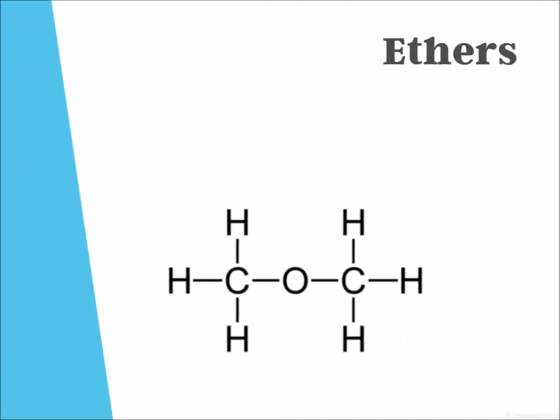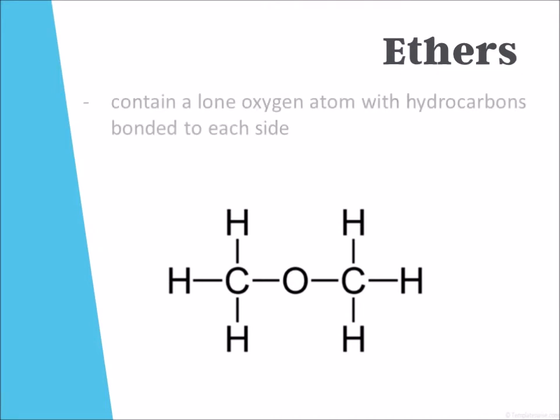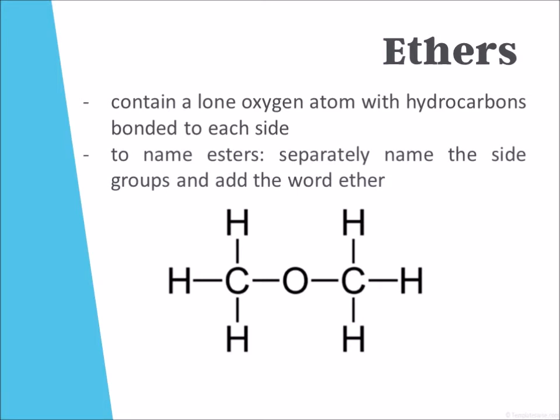Lastly, we have ethers. These molecules contain a lone oxygen with hydrocarbon chains bonded to each side. When you name ethers, you are just going to take what alkyl group is attached as a side group and add the word ether. Now, let's have some examples.